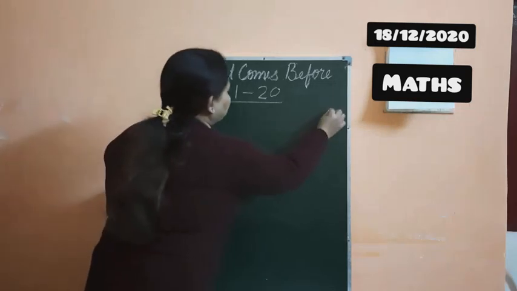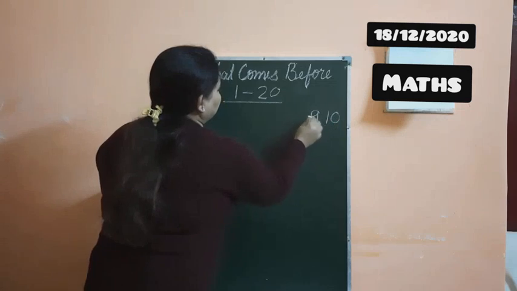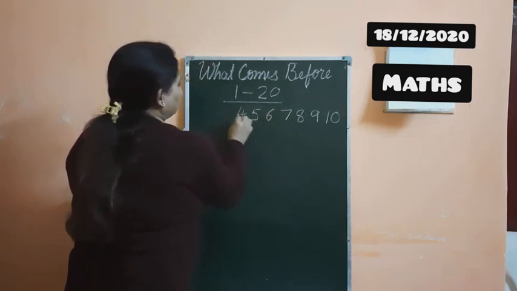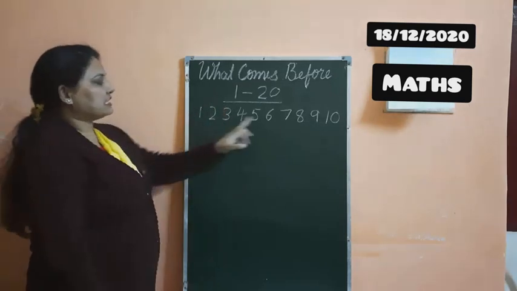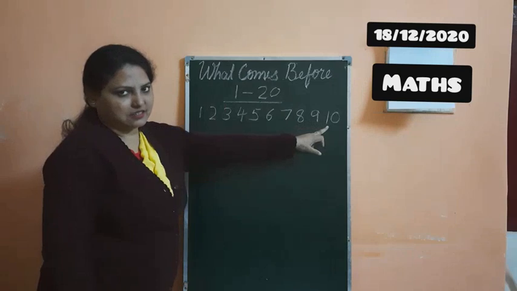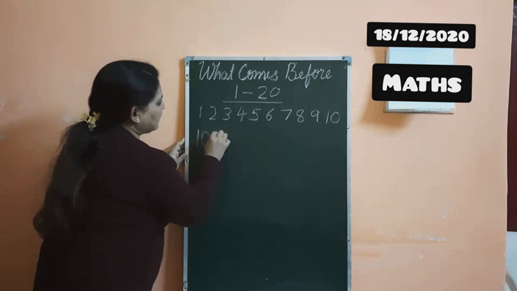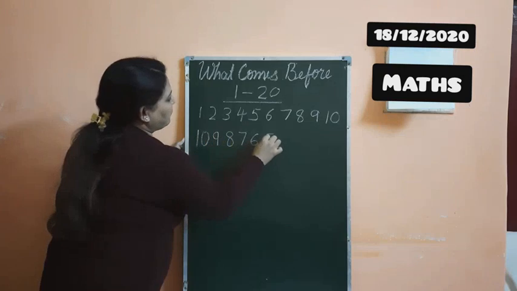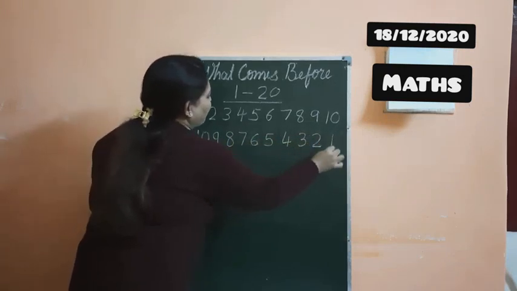That is, 10, 9, 8, 7, 6, 5, 4, 3, 2, 1. I have written from the back here, but now I will write 10, 9, 8, 7, 6, 5, 4, 3, 2, 1.